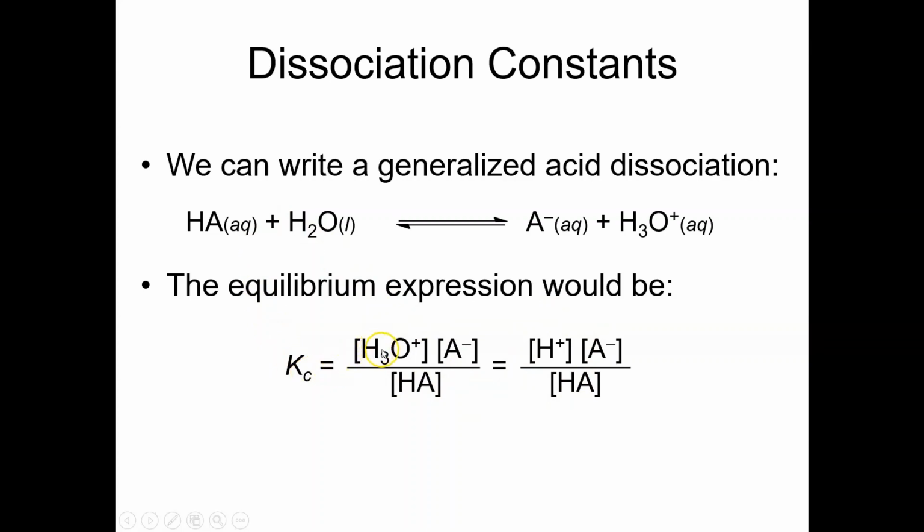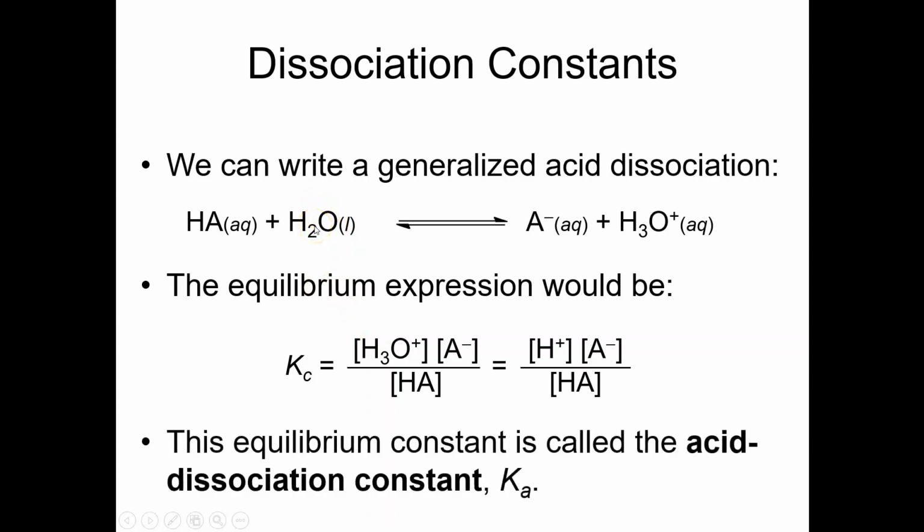Kc is equal to product concentrations, H3O plus times A minus, or H plus times A minus, over reactant concentration, which is HA, but not the water. And we define this as Ka. So we've now defined some special subsets of Kc. We talked earlier about Kw. Now, this acid ionization constant is called Ka.